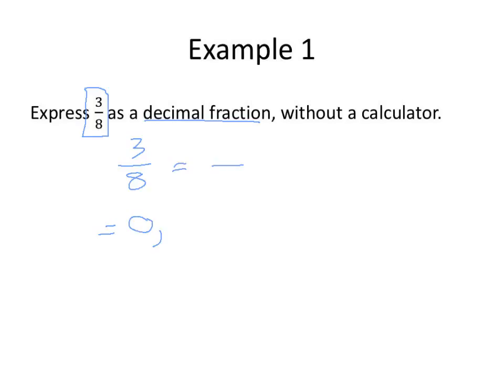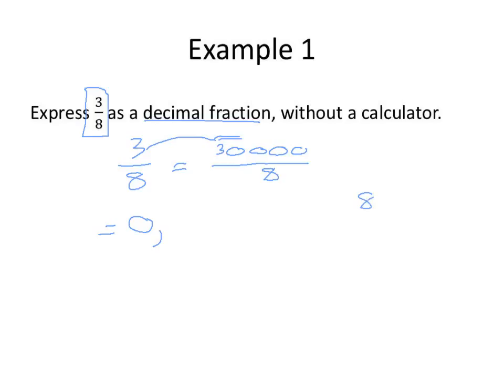Now what we can do is draw a line and write a whole lot of zeros over here, as many as you want, and we're going to divide by 8. So we said 8 can't go into 3, so we have 0, comma. We carry this 3 across next to our first 0, and this number is not 3 anymore, it's 30. How many times can 8 go into 30?